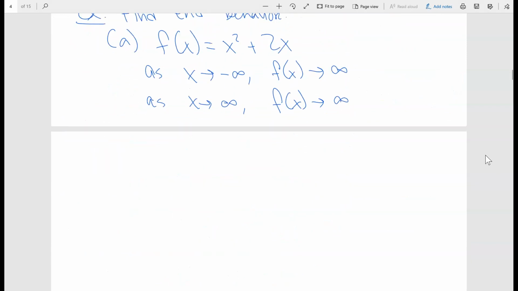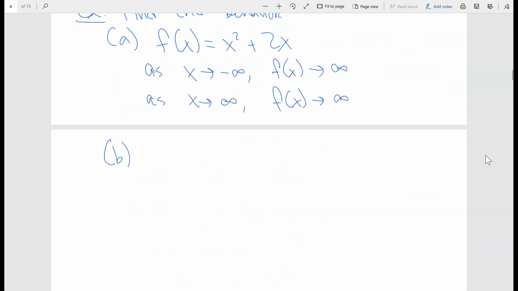But what happens if I change it to this? What is the end behavior for negative x squared plus 2x? Well, now this is still a parabola, but it's now sad. So now it's going to look like this.